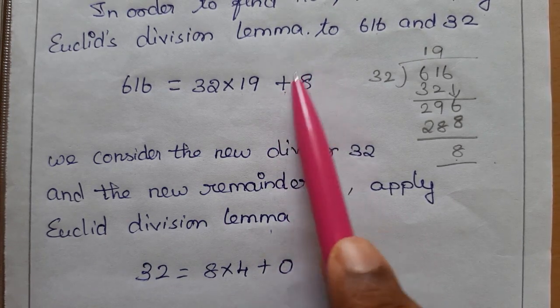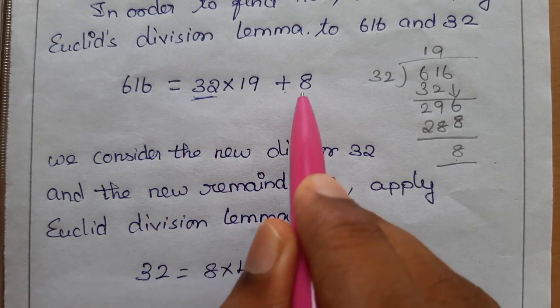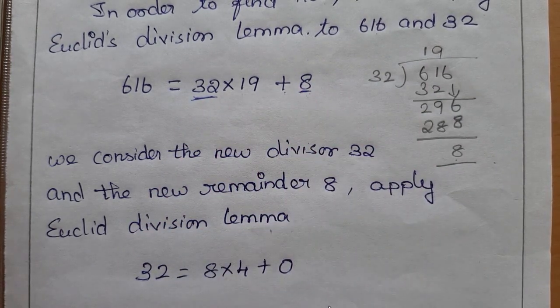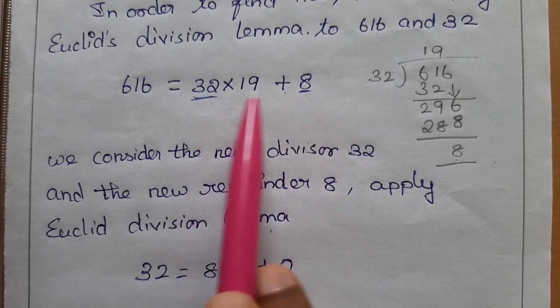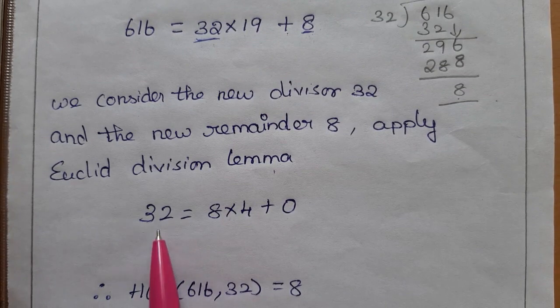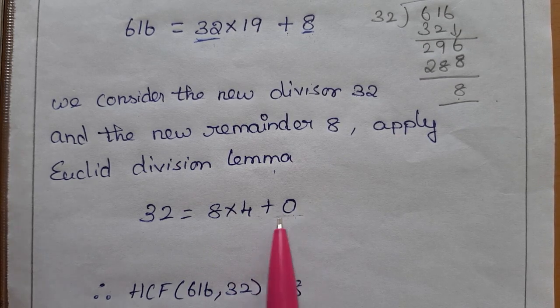At this stage the remainder is not 0, that's why we apply Euclid's division lemma to this divisor and remainder. Now you can see that 32 is a multiple of 8. So we can write 32 as 8 into 4 plus 0. At this stage we get remainder 0.